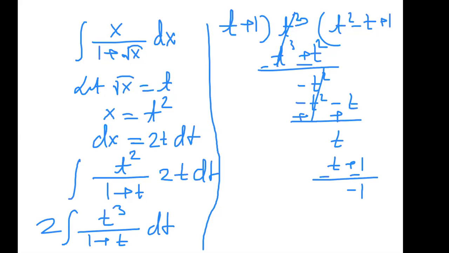So now the question can be written as t square minus t plus 1 plus minus 1 upon t plus 1. This will be the condition from where we need to do the integration.